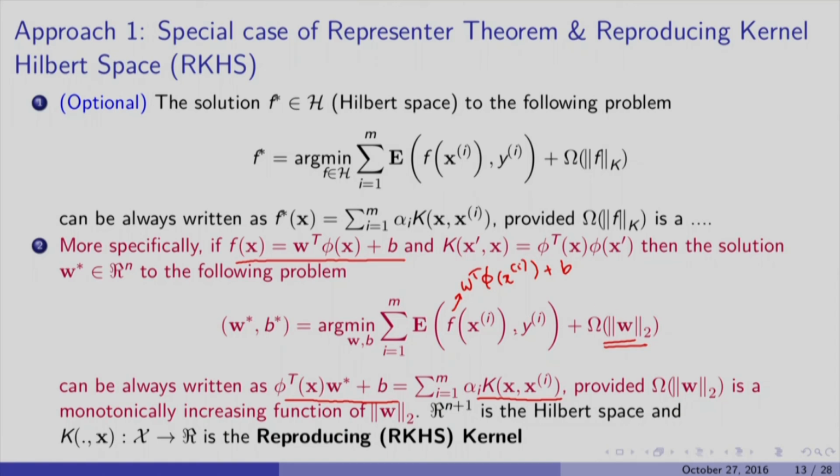Now the Hilbert space for us is actually R^n, and we are talking of the kernel K(x prime, x), which is phi transpose of x times phi(x prime), as the RKHS kernel. There is a significance to the 2 norm here.